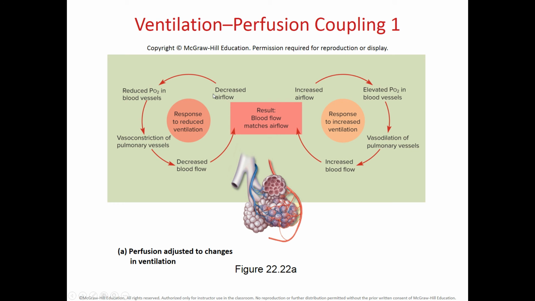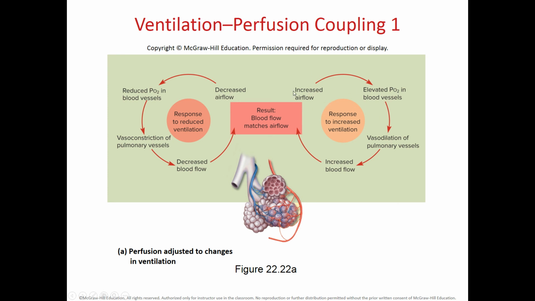So if you have decreased airflow into a specific area of the lung, you will have reduced partial pressure of oxygen in your blood vessels. This will cause vasoconstriction in your pulmonary blood vessels. That will decrease your blood flow. And then you have poor blood flow, and then you will have a response to increased ventilation.